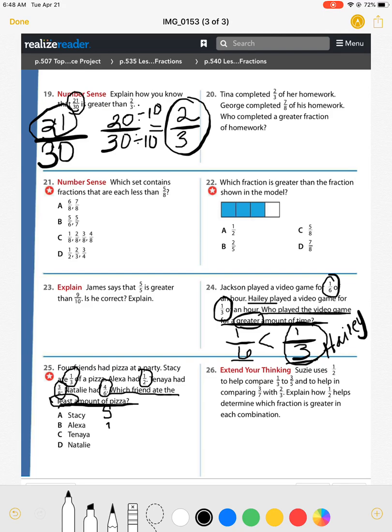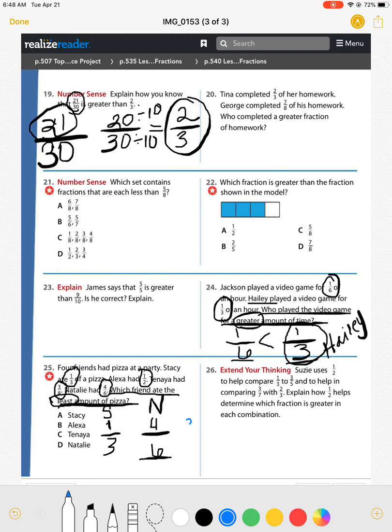So her fraction was 1/3 of a pizza. Now we need to compare to Natalie's fraction. Natalie had 4/6. Now, let's see. 4/6. Look at your denominator 6. Is 4 close to 6? Yeah, it's pretty close to 6. What is half of 6?